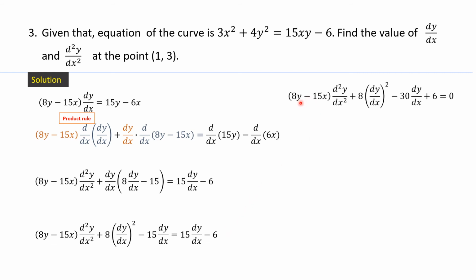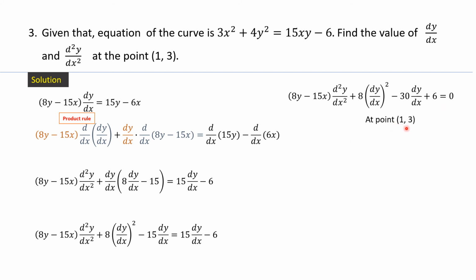Next, (8y minus 15x) times the second derivative plus 8 times the first derivative squared minus 30 dy/dx. The negative 15 dy/dx, brought to the left-hand side from 15 dy/dx, gives negative 30 dy/dx, and minus 6 means plus 6, equal to 0.